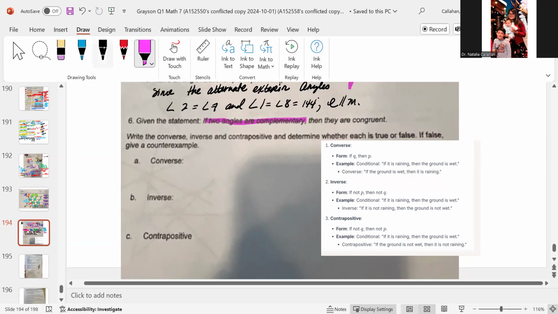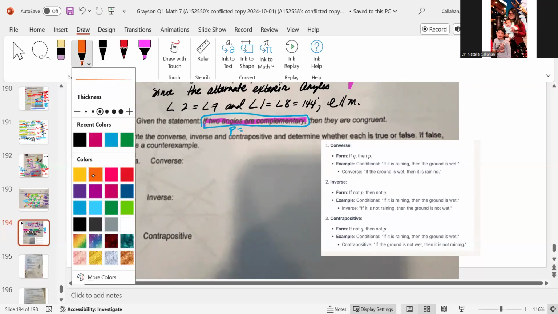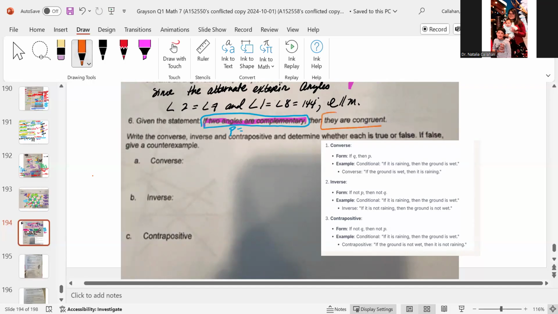The first part is right there. This part right here, before the then, is P. So P is if two angles are complementary. After then, this is Q. Then they are congruent.